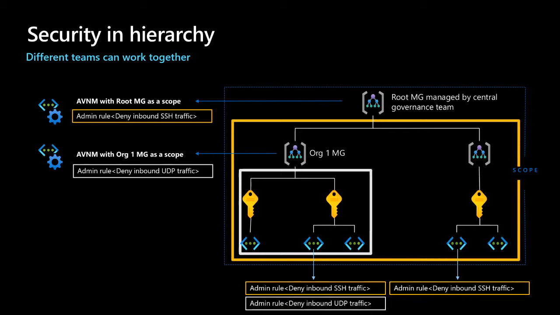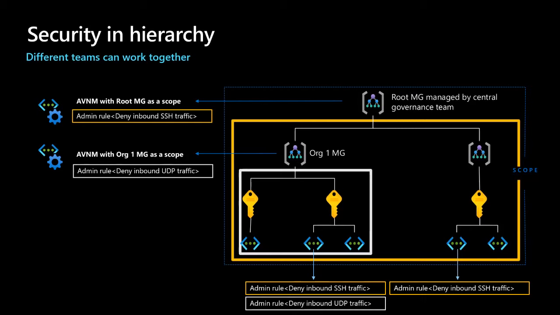Okay, and they can, let's say, specify, I want to deny all of the inbound SSH traffic, for example. And under that, I have management groups for different organizations. Like you can say different product groups. That's also a possibility.